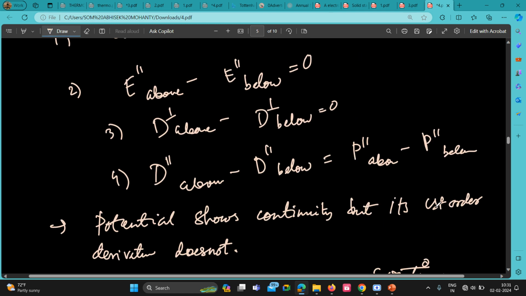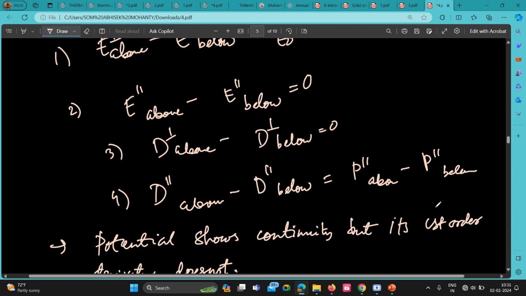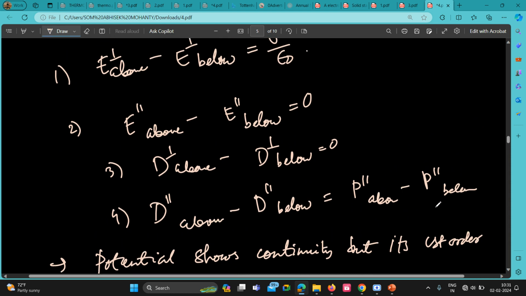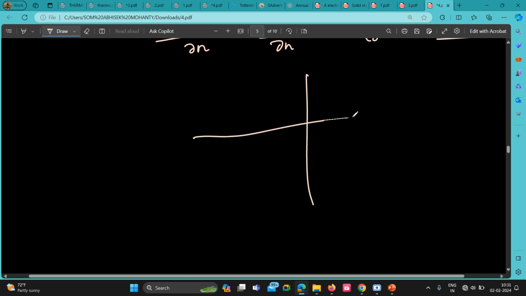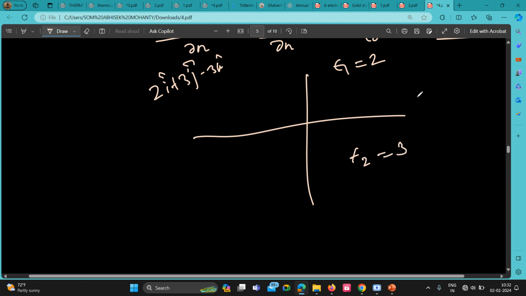So parallel components of the electric field are the same, but perpendicular components are not the same. For example, take 2 i cap plus 3 j cap minus 3 k cap, with epsilon 1 equal to 2 and epsilon 2 equal to 3. This is z equal to 0, meaning the xy plane, so the xy components stay constant.